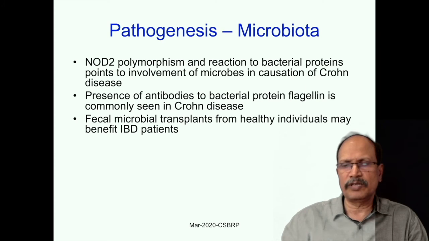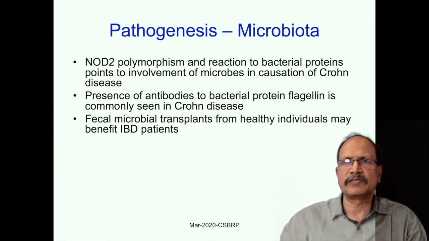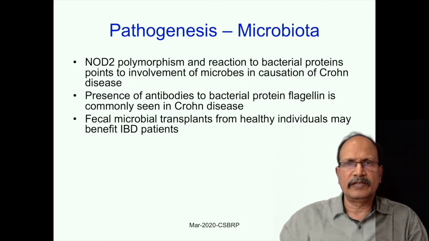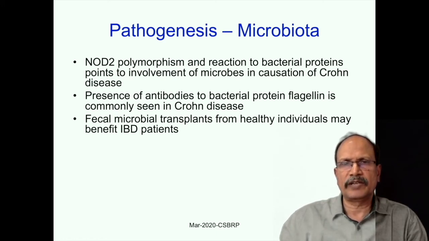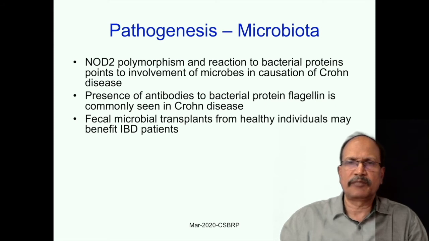Another important point to say that microbiota is implicated in this pathogenesis is the presence of antibodies against flagellin. So presence of flagellin antibodies is considered to be one of the markers for Crohn's disease. And interestingly, if you transplant microbiota from a normal healthy individual into the IBD patient, their symptoms get ameliorated, and they may improve in their condition.